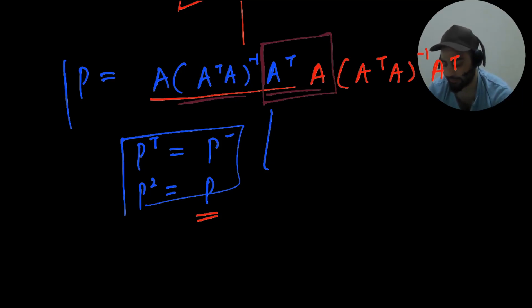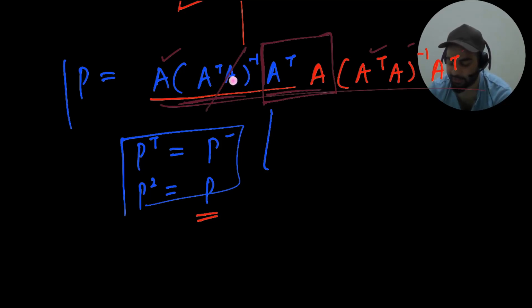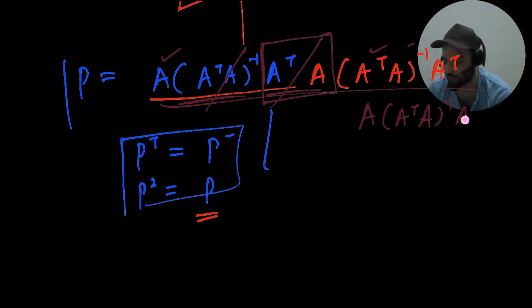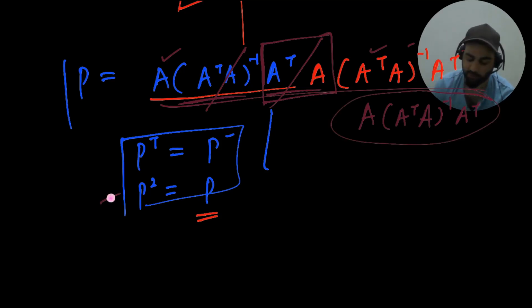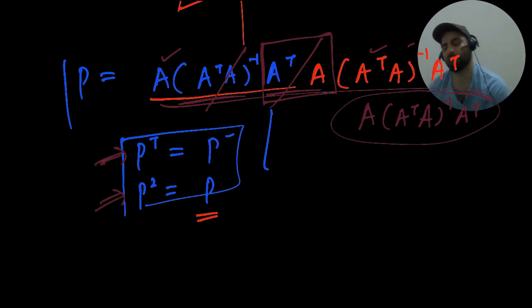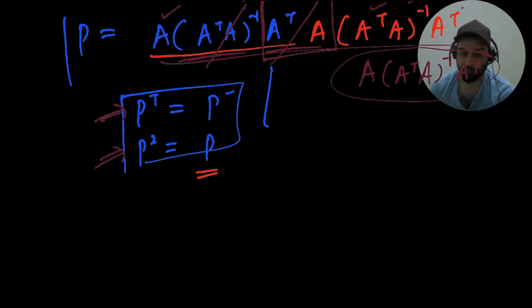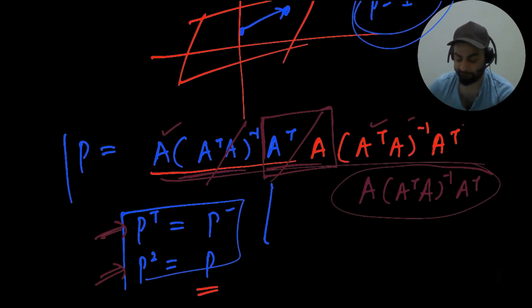So now when you again get this A transpose A inverse, you again get this P back. Did you see this thing and this thing cancelled out? So we got A transpose A inverse A transpose, again the P back. So I just showed you this property. I think this is really easy to show. Is it clear? I showed you the projections.